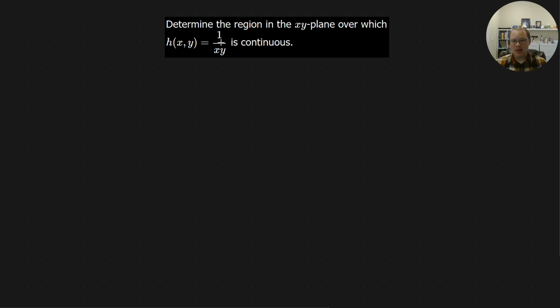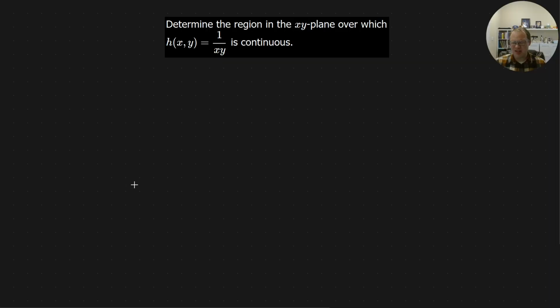Because polynomials are continuous by default. If we just multiply x and y together, any product of x and y, or adding them together, it'll be continuous. And a fraction of polynomials is continuous so long as the denominator is not 0. The denominator equaling 0 is really the only place we have to worry about.